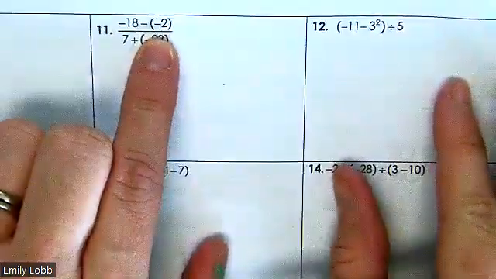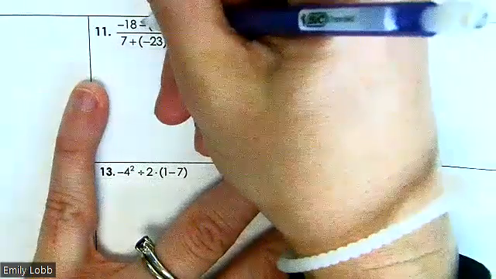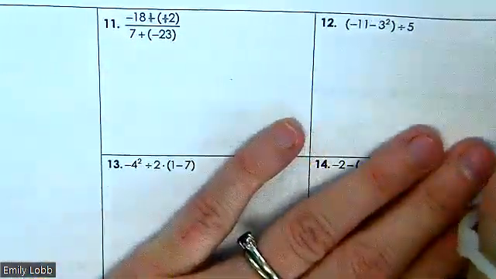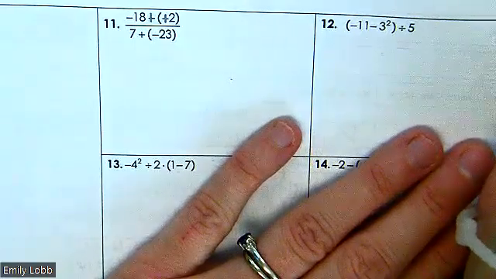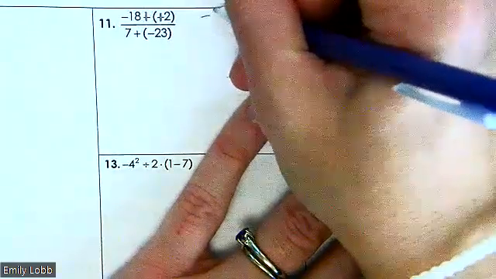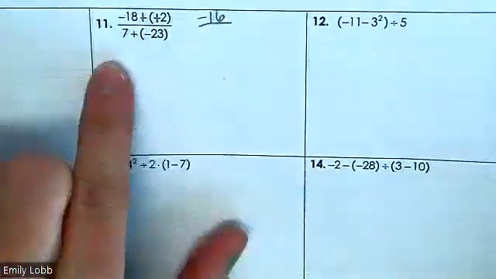All right. We're going to go through this next page together. And then we've got some work to do. All right, looking at the top first. Remember, we have to keep, switch, switch. What's negative 18 plus 2? Close. Negative 16. That's on the top.